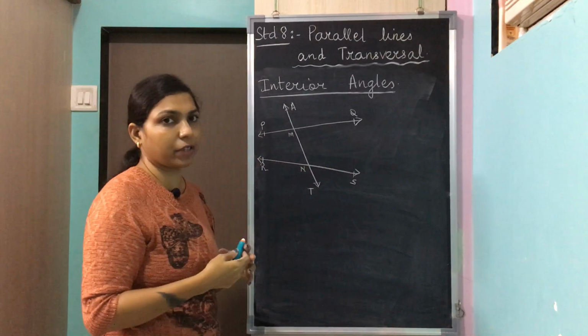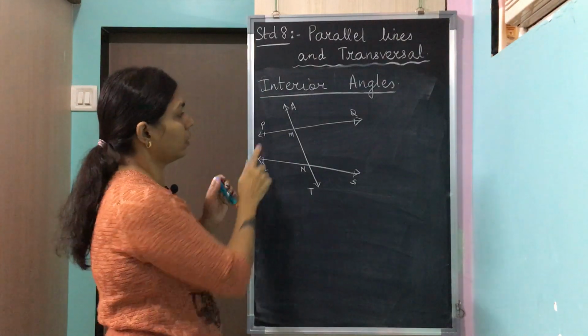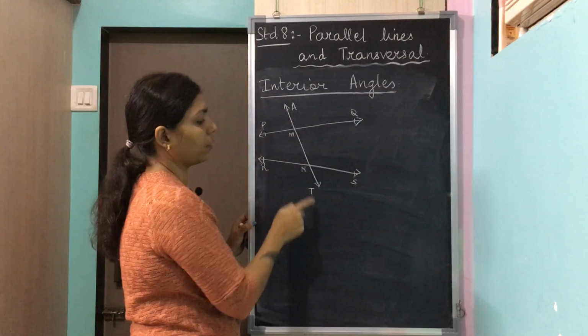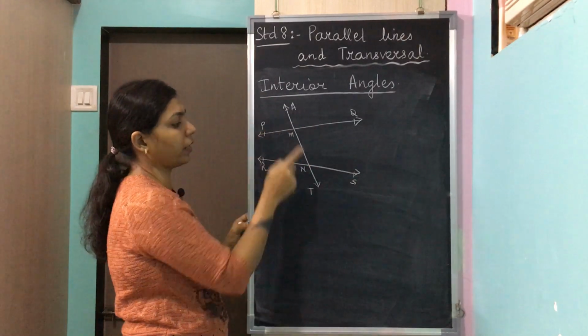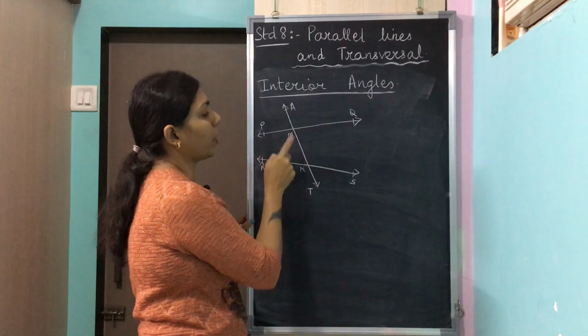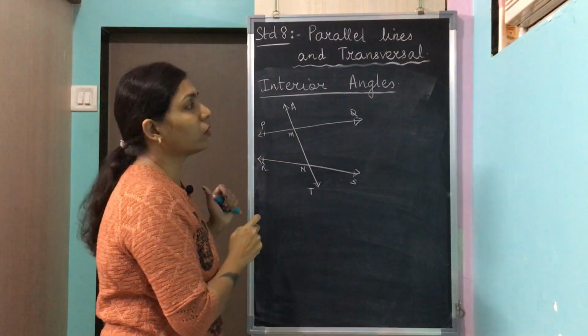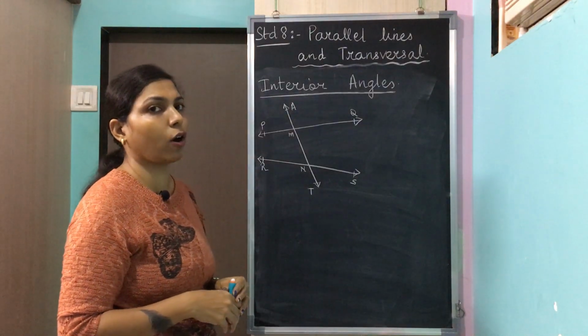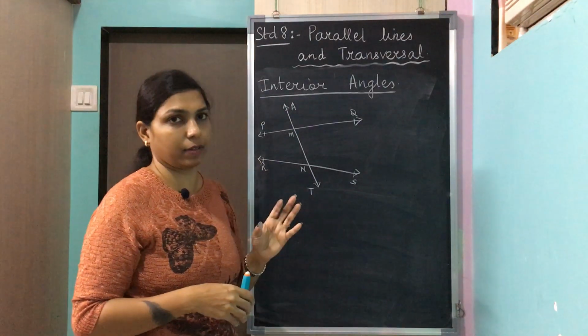I have drawn the same figure again, and the two lines over here, line PQ and line RS, and your transversal over here, which is your line AT, and the two distinct points where it is cutting the lines, point M and point N. So the next type of angles which are present in a transversal are called interior angles.